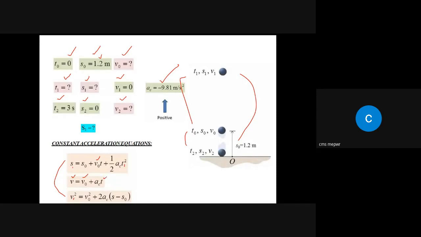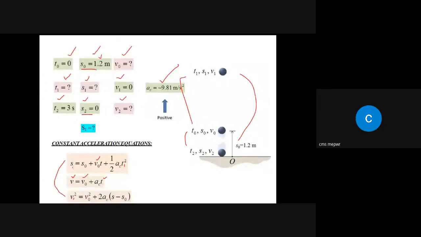Let's do it another way. What if we try to use this equation between state 0 and 2? Because we have S0 and we have S2. Can I use this equation? Let's try. Yes, sir, we can use it.